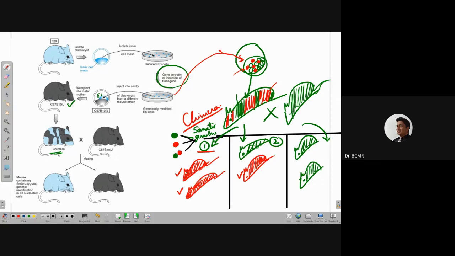If it gives some green colored ones and some red colored ones, then it would mean that some part of the germplasm is made from green cells and some from the implanted engineered embryonic stem cells.